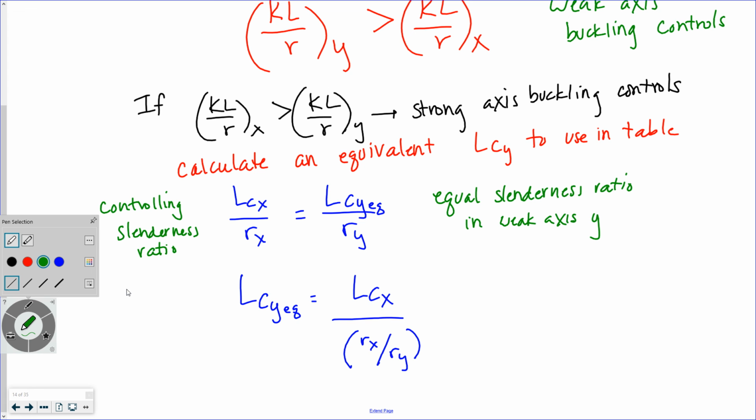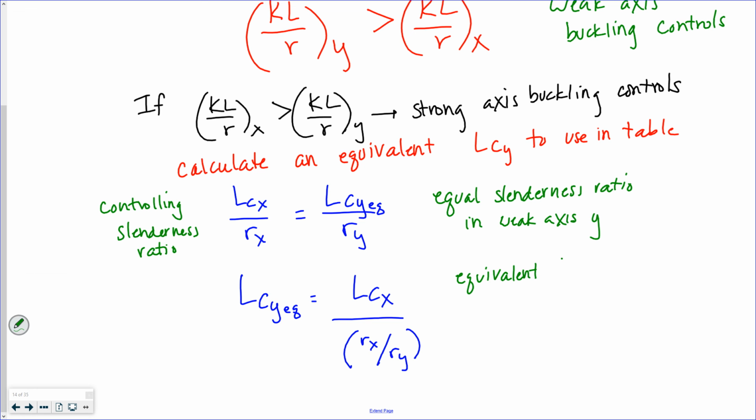This is an equivalent length, now assuming buckling about the y-axis.